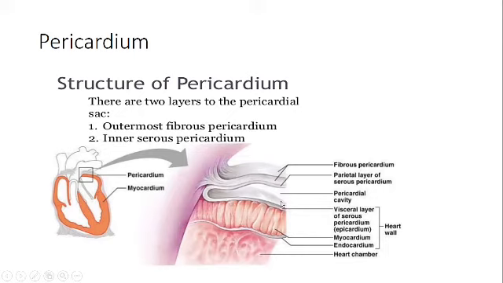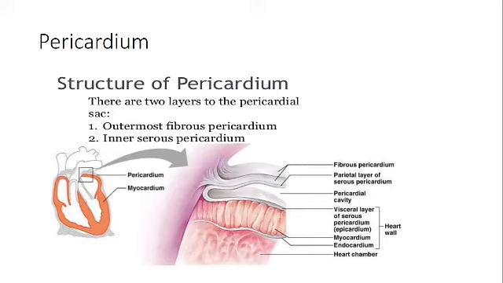Now, looking carefully at the anatomy of the pericardium, the outermost layer as depicted in this diagram is the fibrous pericardium, otherwise made up of fibrous tissue. The inner layer of this pericardium is made up of a fold or a double layer that we call the serous pericardium.